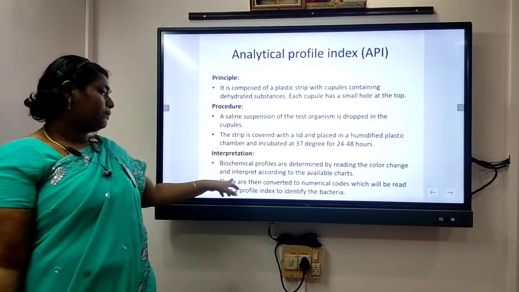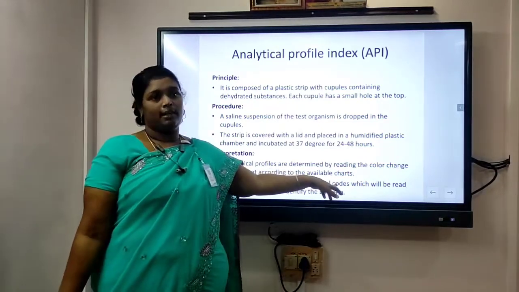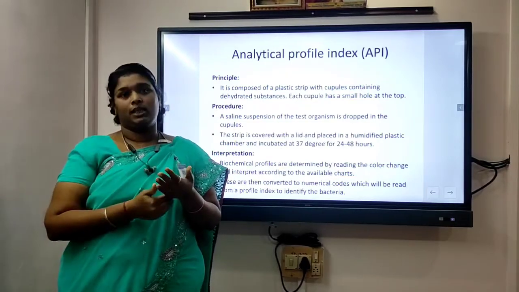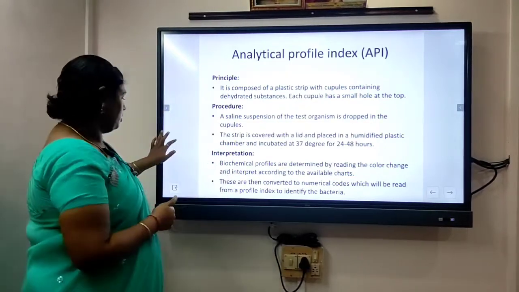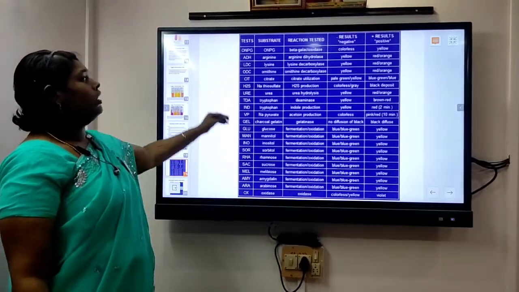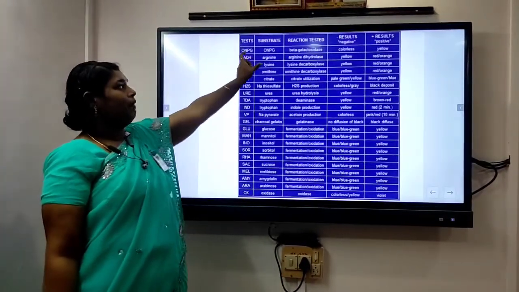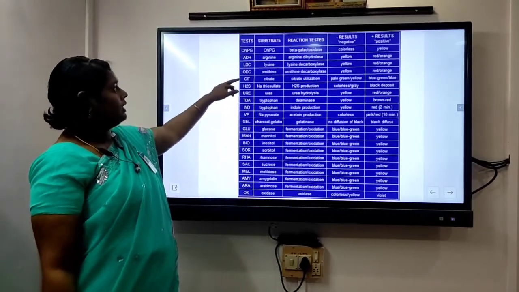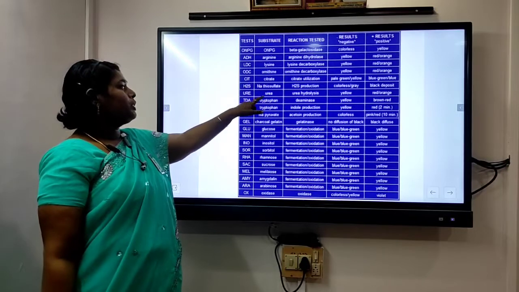That is observed with the available standard charts. Each and every analytical profile index has a standard chart. So see, this is a standard chart. Each and every test has a substrate. So what is the substrate present in that particular chart? See, CIT means citrate, URE means urease.